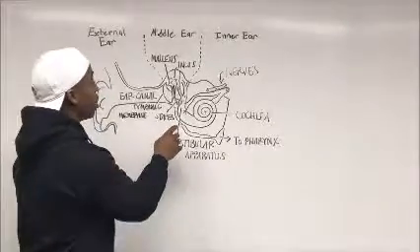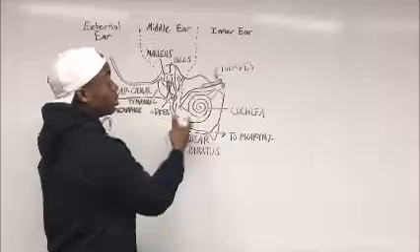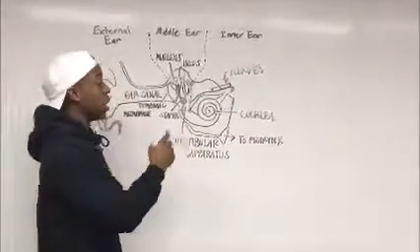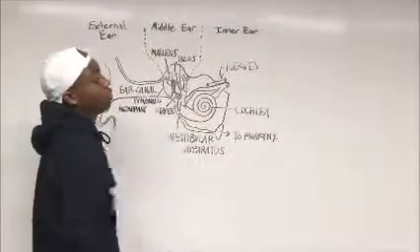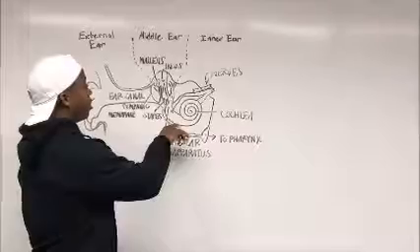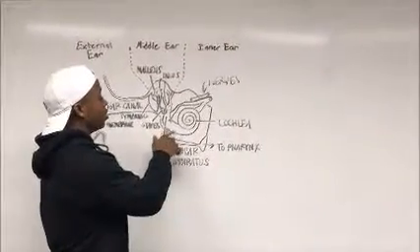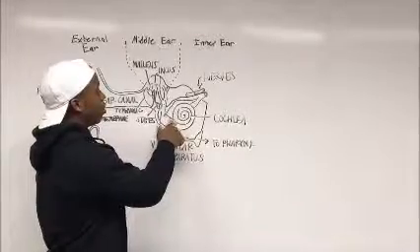What actually occurs is that the cochlea contains the basilar membrane, which is the mechanical analyzer, and it runs along the length of the cochlea. So the basilar membrane has different mechanical properties as you travel along the cochlea.